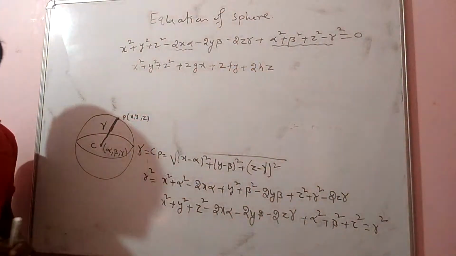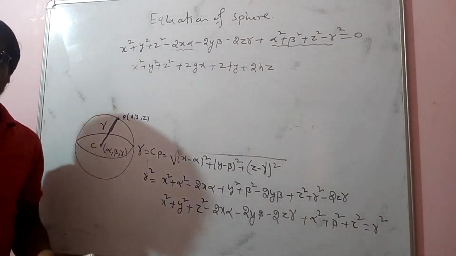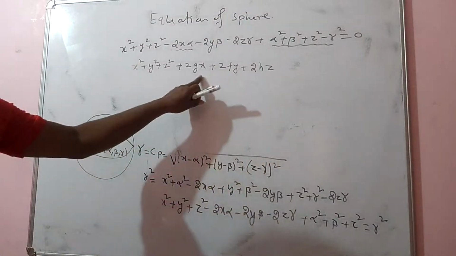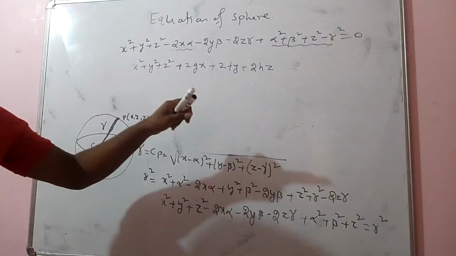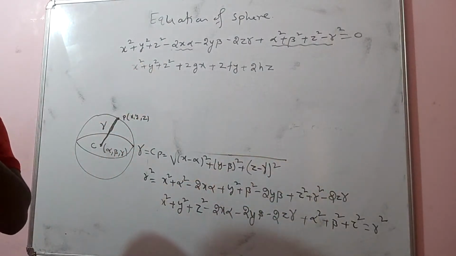So 2gx, 2fy, 2hz. You can use any constants here, not only g, f, h, but we always use g, f, h.